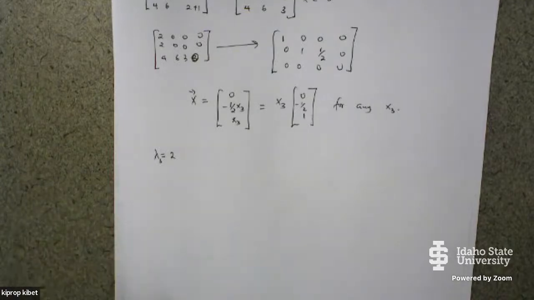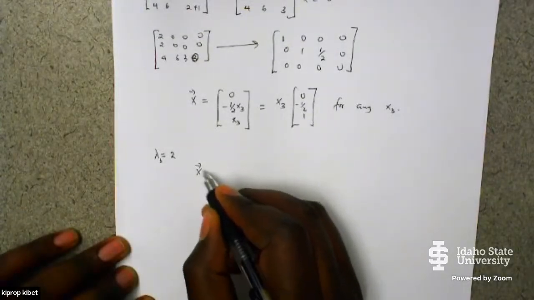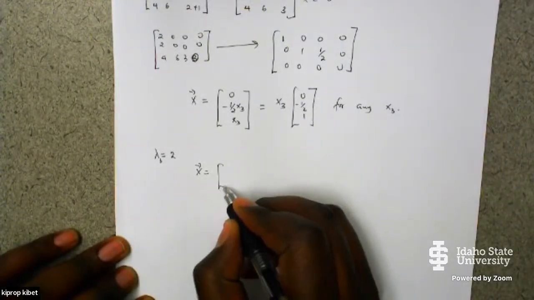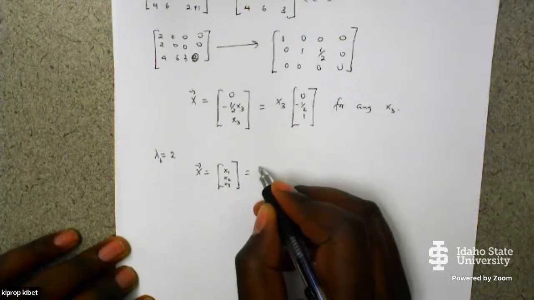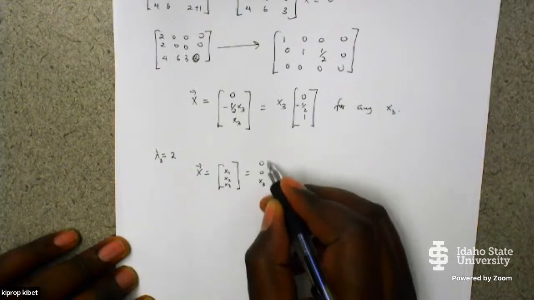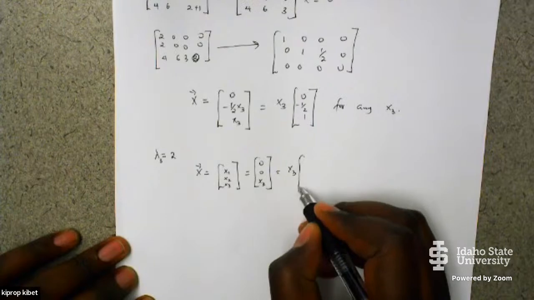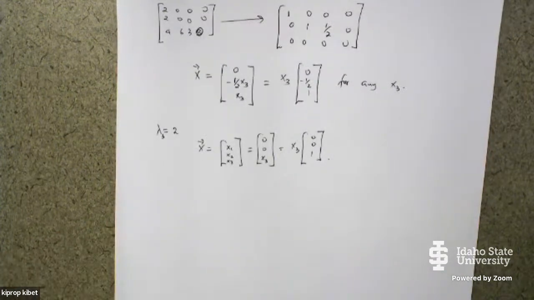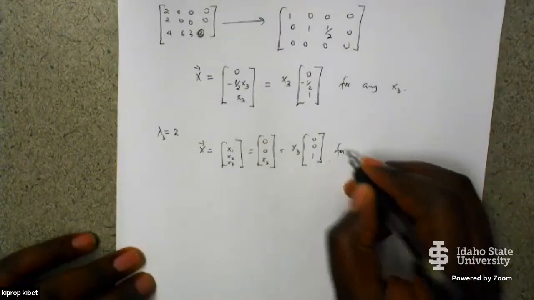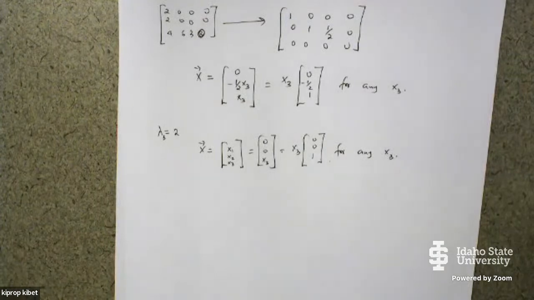For lambda 3 equals to 2, what you should get is the solution set x equals to x1, x2, and then x3, which is the same as 0, 0, x3. Then finally, what you get is x3 times 0, 0, and then 1, for any x3.